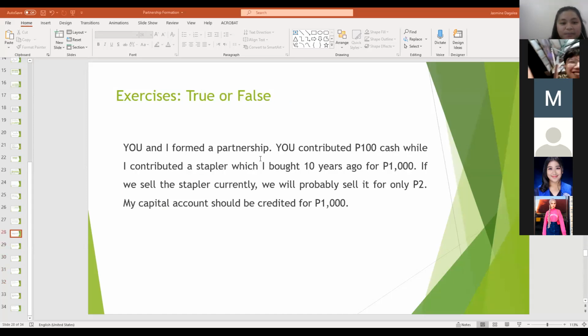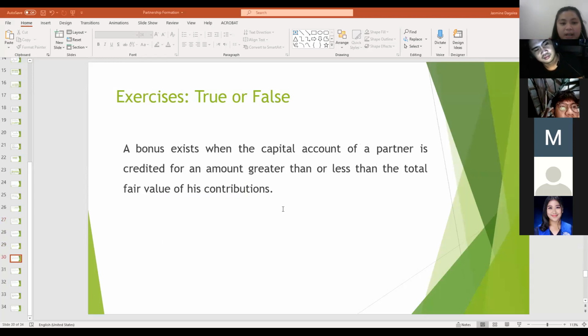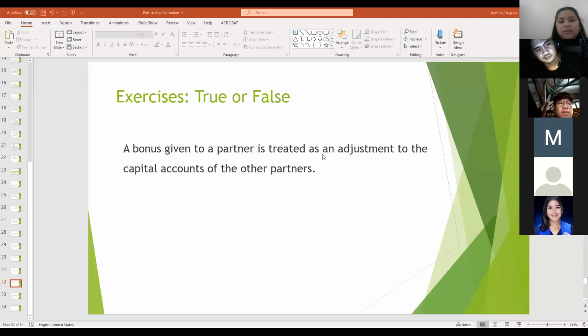Under the bonus method, any increase in the capital credit of a partner is deducted from or added to the capital credits of other partners. So, yung may adjustment between the capital accounts ng partners. Yan yung bonus method.